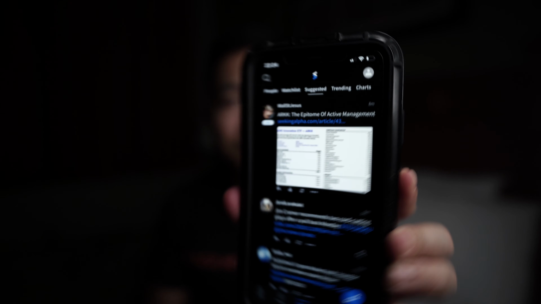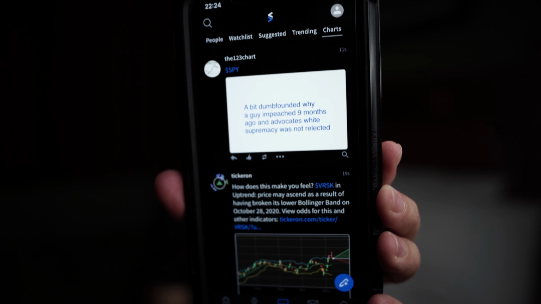I like this in addition to Webull because you can set your watch list and read comments, whether they're bullish or bearish, and you have suggested stocks as well and what's trending in StockTwits, and they also have charts, which is good. This is going to be the front runner, and Webull is going to be on the back burner for now because I can read comments and see the sentiment for that type of stock or in the stock market overall.